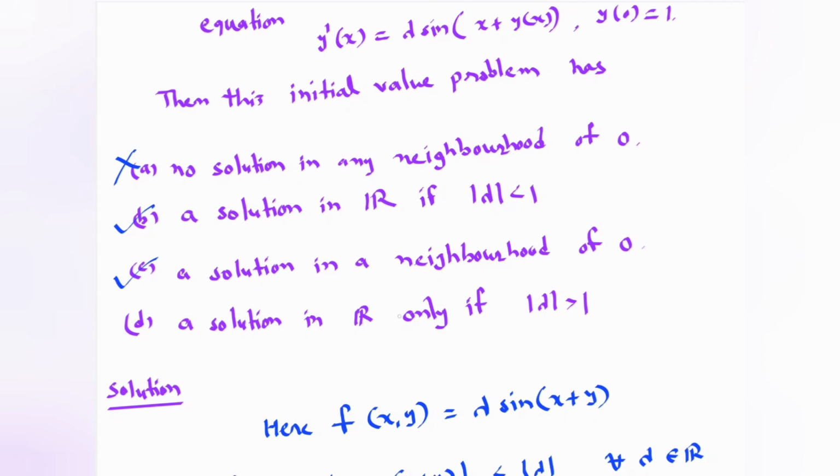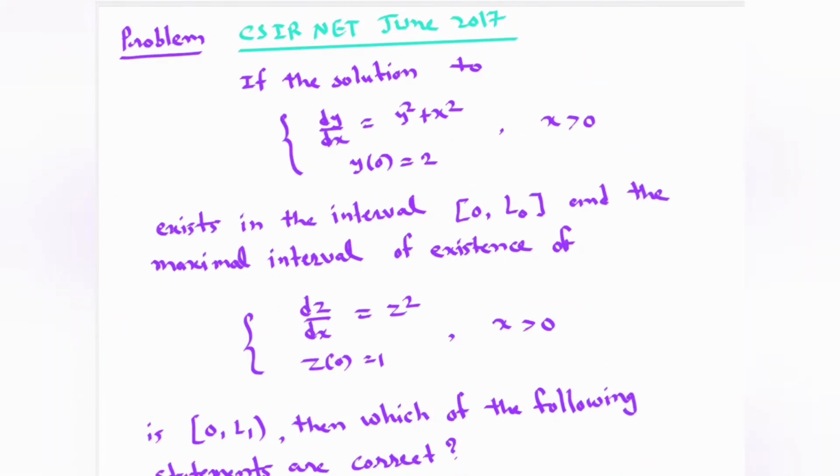A solution in R only if mod lambda greater than 1: this part is correct, but here it is written 'only if', which is not true because the given initial value problem has a solution for all lambda. Therefore, this option will be incorrect. Hence, options B and C are the correct options.